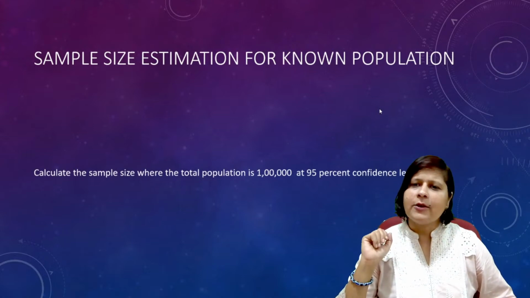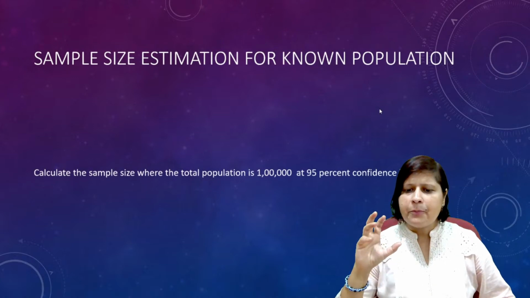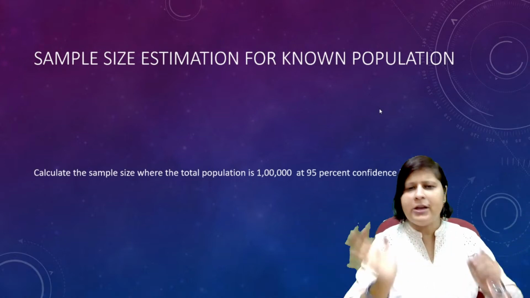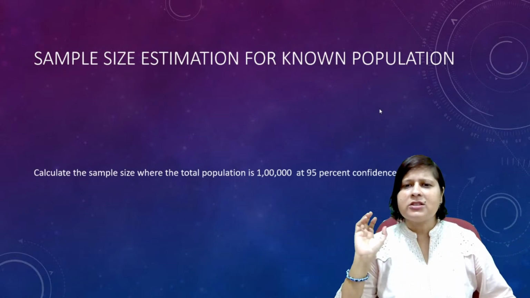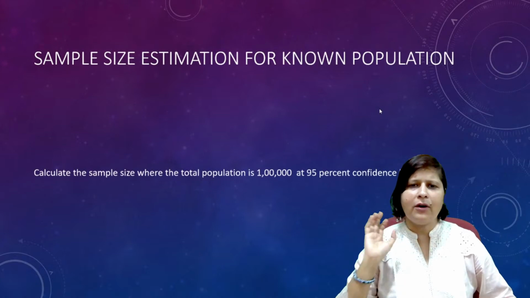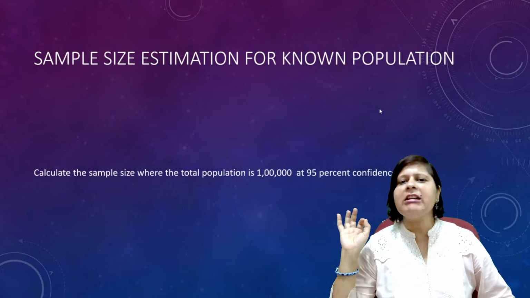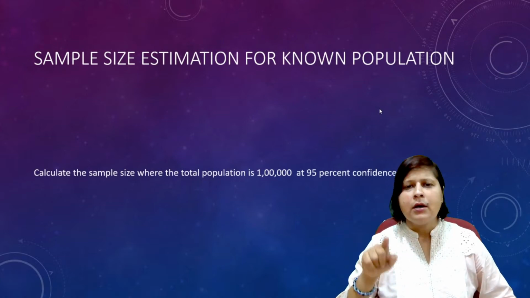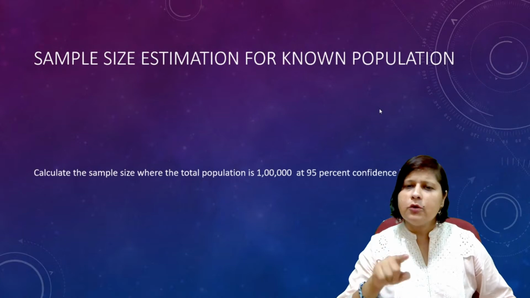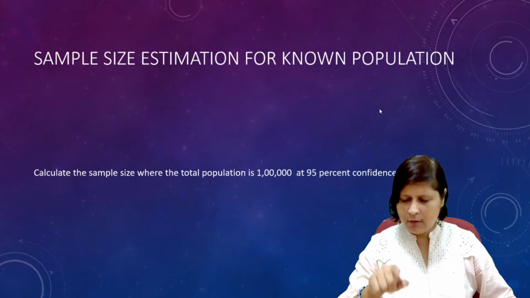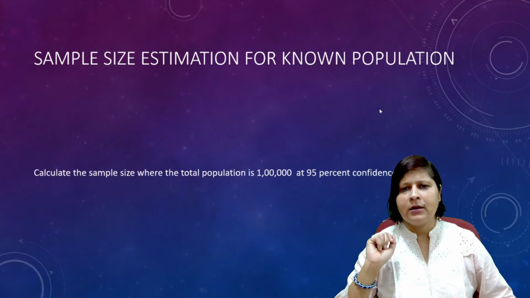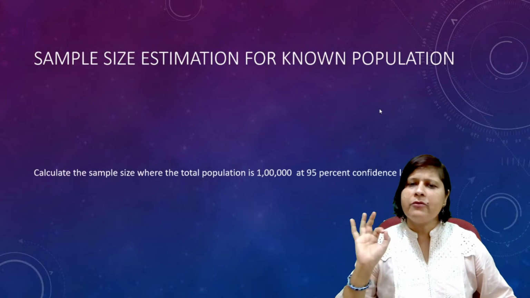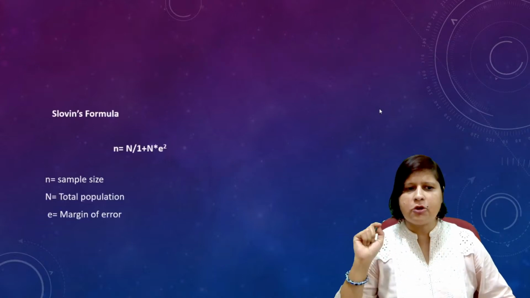Suppose I want to calculate the sample size for a population of 1 lakh, at 95% confidence level. Here it is very important that you know at what confidence level you want to find the sample size.